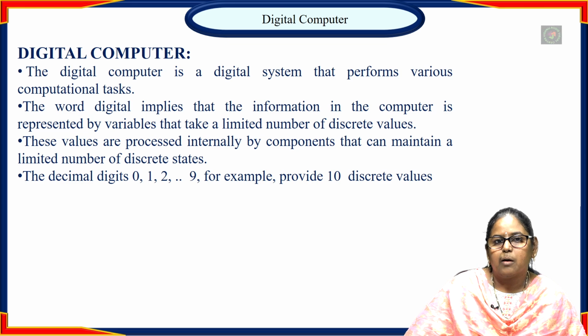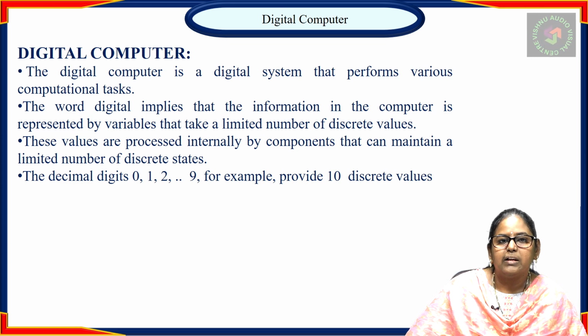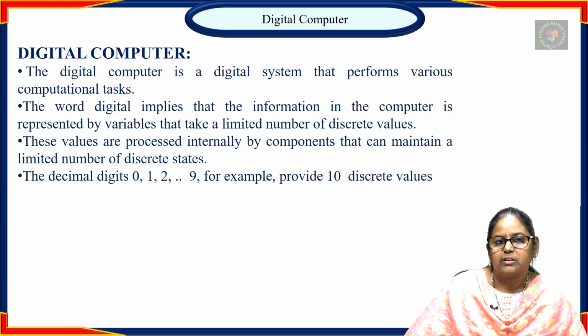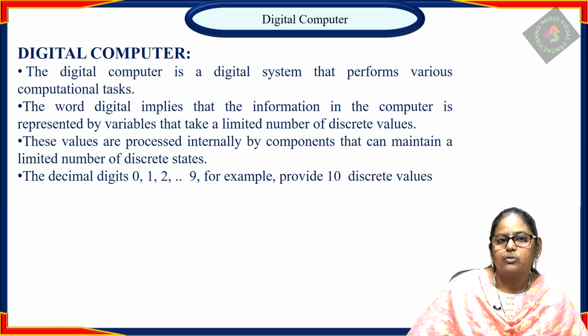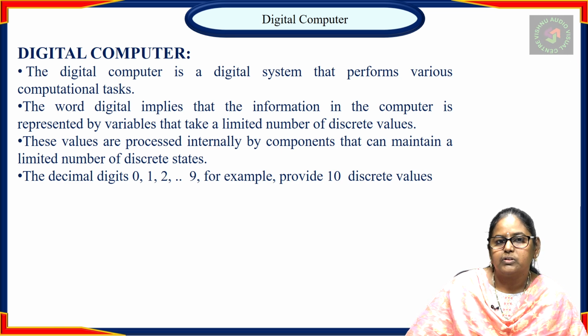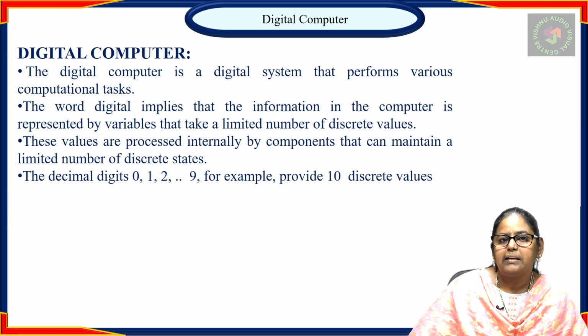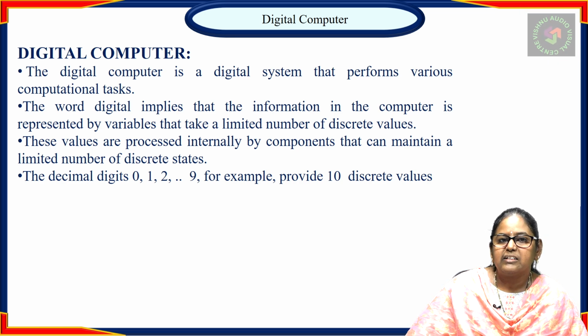What can we say about the digital computer? When we say the definition of the digital computer, we can say it is especially used for performing various computations. And the word digital here specifies that the information inside the system is stored as discrete values, and those discrete values are used by representing the discrete states.